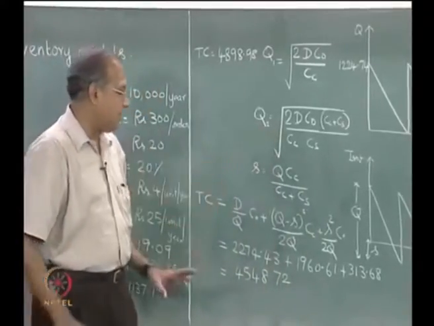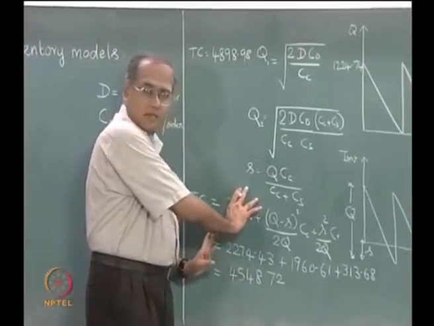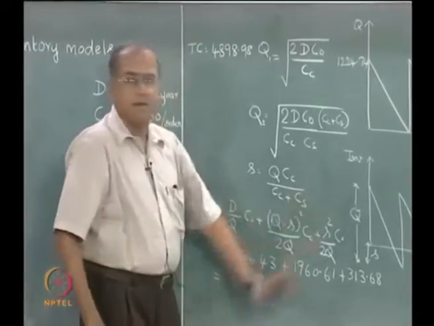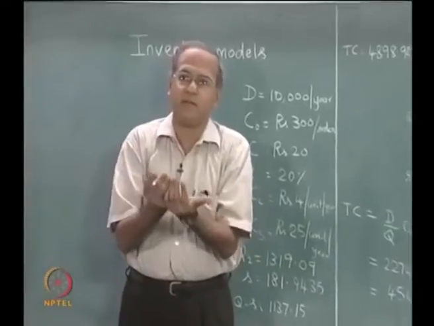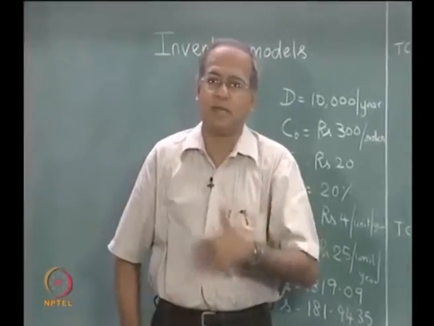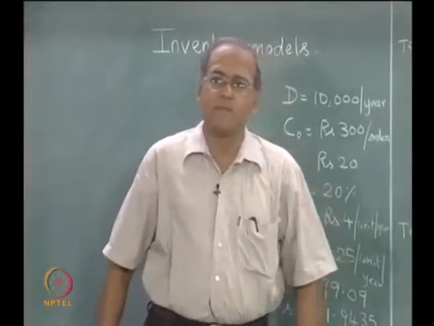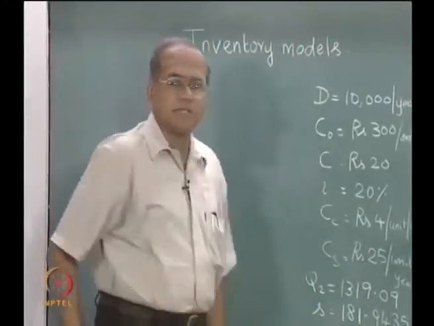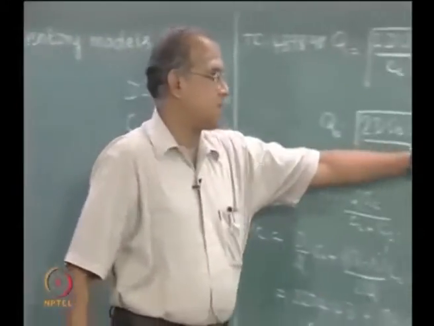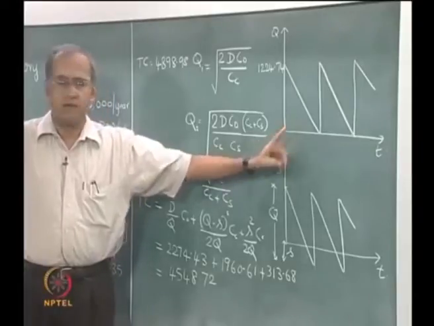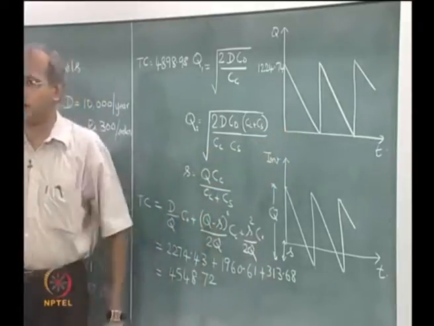In this model we are trading off order cost on one side and inventory holding plus back order cost together will be equal to the order cost at the optimum. Now, this actually points us to a very interesting question. This is a model which did not allow back ordering, this is a model that allowed back ordering.